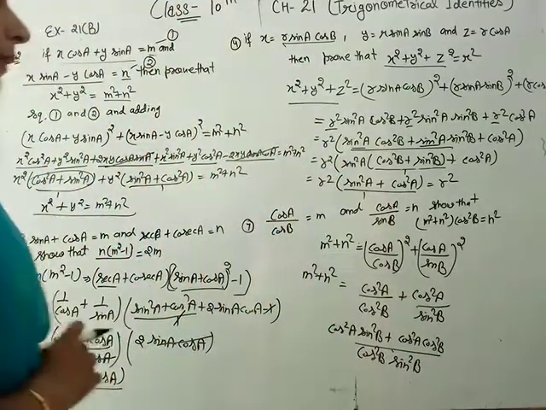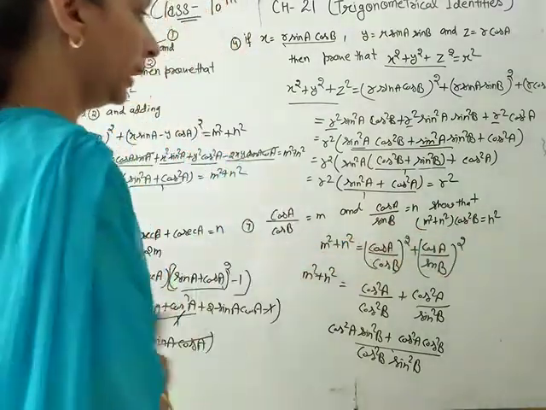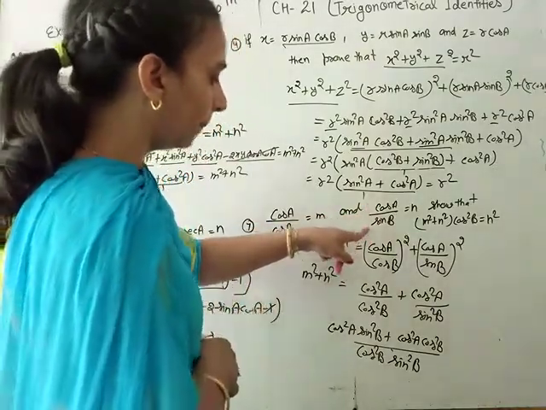We have to show that m square plus n square times cos square b equals n square, where n square equals cos square a by sin square b.